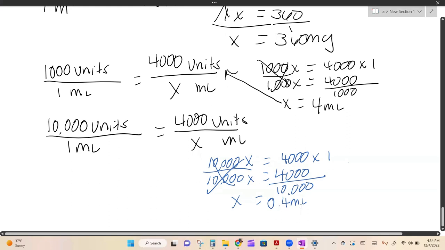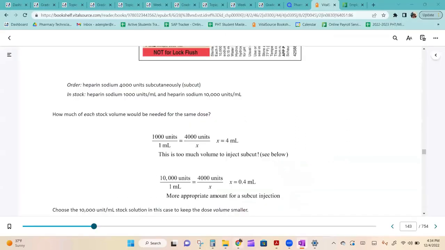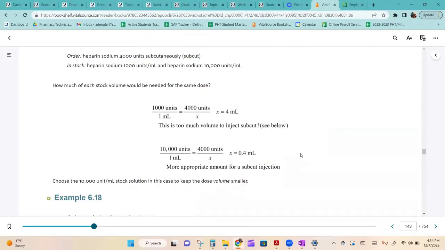And then for the 10,000, we would have to do 0.4 ml. It says choose the 10,000 unit per ml stock solution in this case to keep the dose volume smaller. So we would use the 0.4 ml, which is more appropriate for a subcutaneous injection, which they like to be under 1 ml.